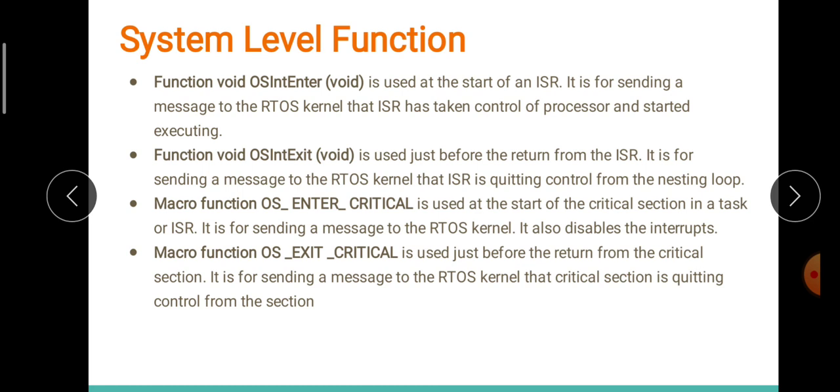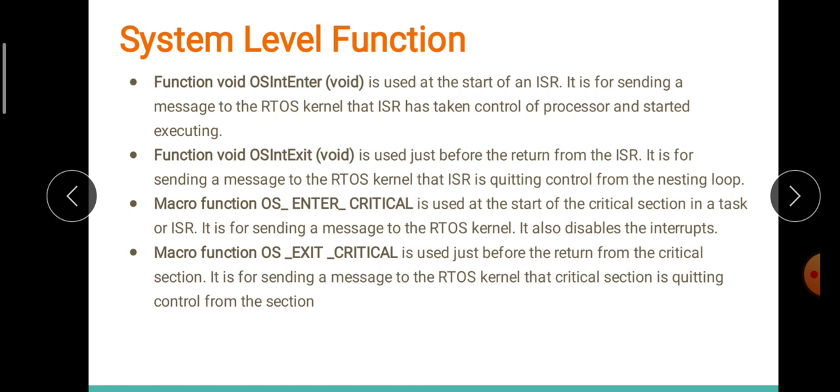So what message does the operating system get? They get an idea that the ISR is exiting the control, or the ISR is quitting the control from its loop. And it is again compulsory to let the operating system kernel know the ISR has quit, and it won't return any parameter.